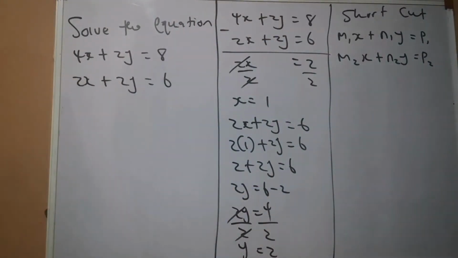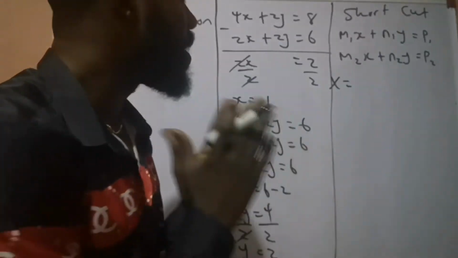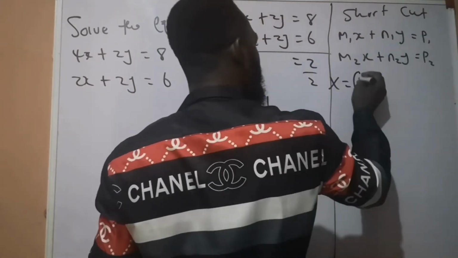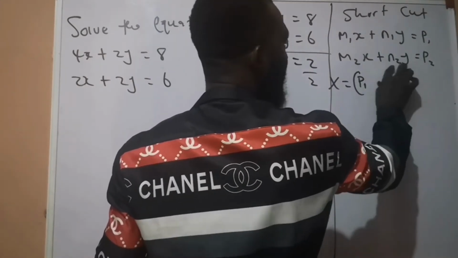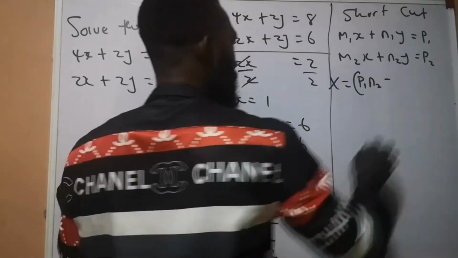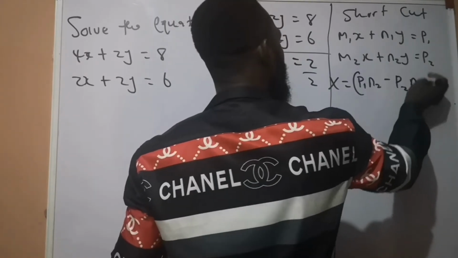Now how do we solve problems like this? For us to find the value of x using the shortcut, this is what we'll do. p1 multiplies n2 minus p2 multiplies n1.